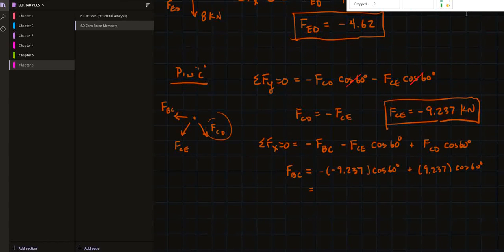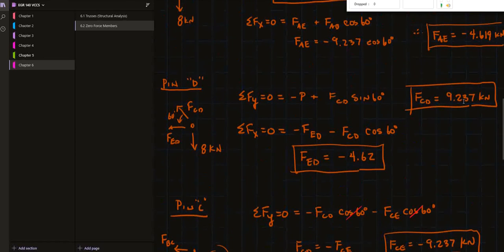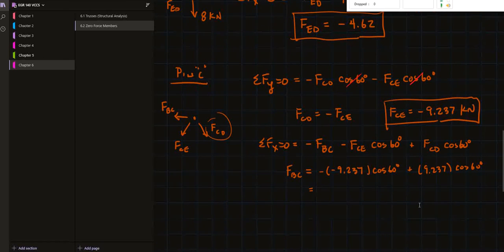So this equals minus force in CE, which is minus times the cosine of 60 degrees, plus force of CD, which is positive, times the cosine of 60 degrees. So it's two positives of cosine 60 degrees, and cosine 60 is 1/2, so it's 1/2 of that number, 4.62 kilonewtons. But it's 1/2 twice that number, which ends up being 9.237 kilonewtons.